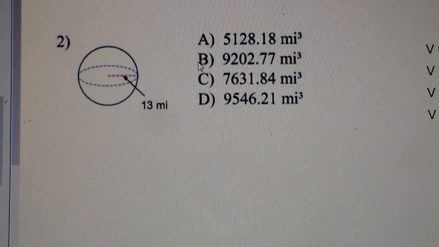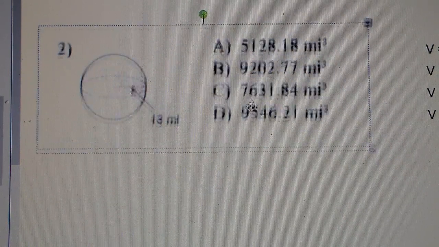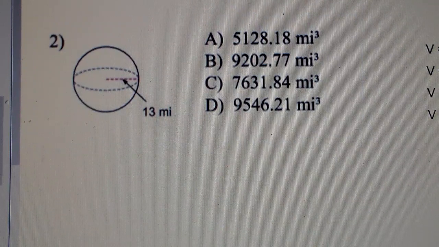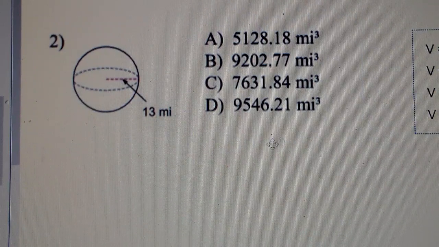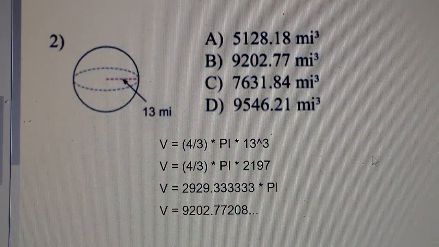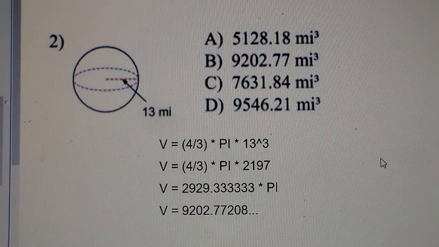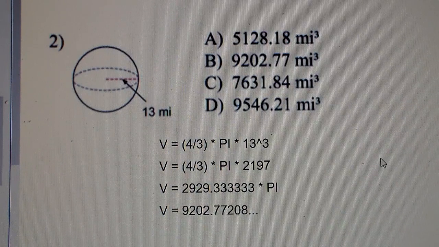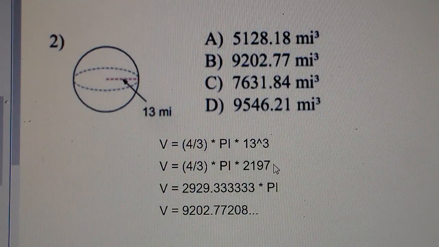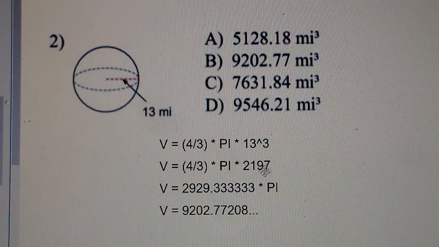Number 2. So we got the radius of 13. So we plug that in. 4/3 times pi times 13 to the third power. 13 times 13 times 13 gets you 2,197, which is what we have here. 4/3 times 2,197 gets you 2,929.3 bar notation.